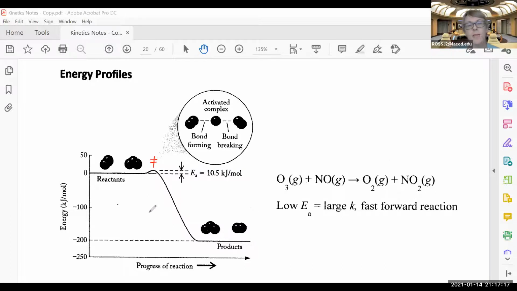Now, if we have an energy profile like this, with its low activation energy, we'd expect a large rate constant and a fast forward reaction, okay? Read backwards, this means that the reverse reaction would be much slower. So let's have a look at why that makes sense.